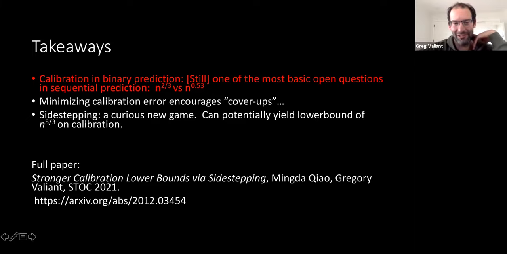So I really encourage you all to think about it. Again, the main issue is this notion of cover-ups, and then this new game that we introduced. I think it's an interesting game that's maybe not so hard to analyze, and it feels like something one should be able to get a tight understanding of.